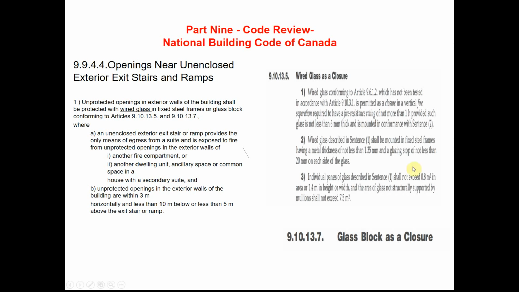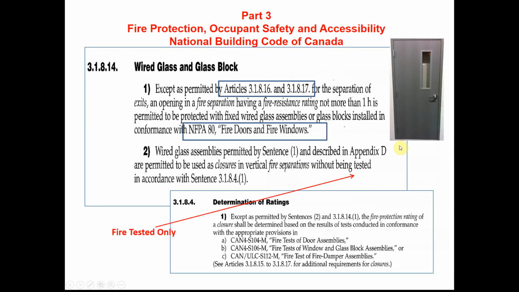So once again, 5 is glass in a closure. That talks about wired glass being used in conformance, and they just talk about the installation. So that's okay. So wired glass, so we go into 3. Wired glass, except as permitted by 16 and 17, separations shall be not more than an hour and shall be protected with fixed wired glass assemblies or glass block installed in conformance with.